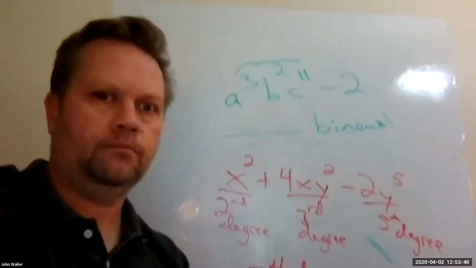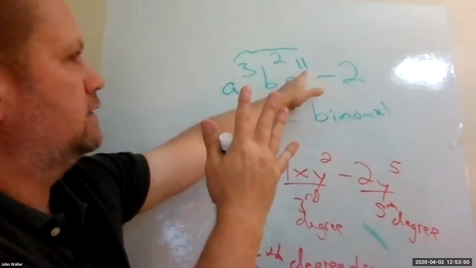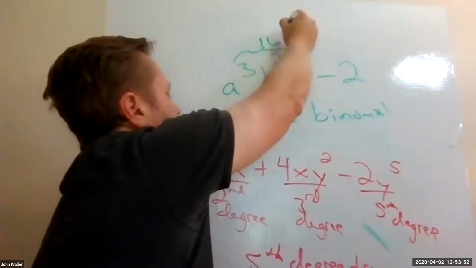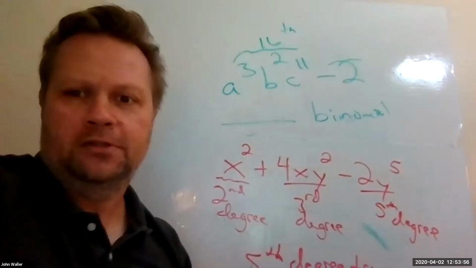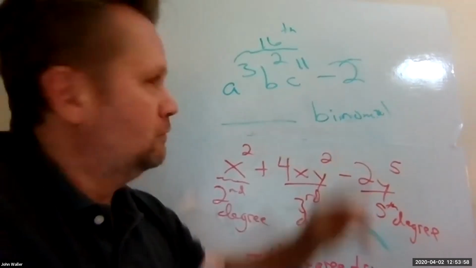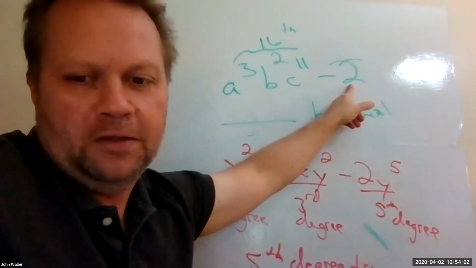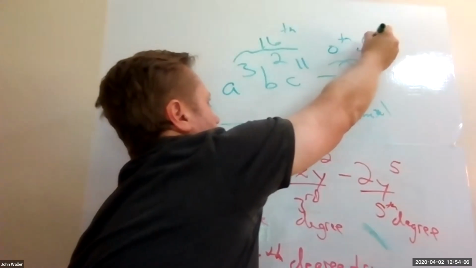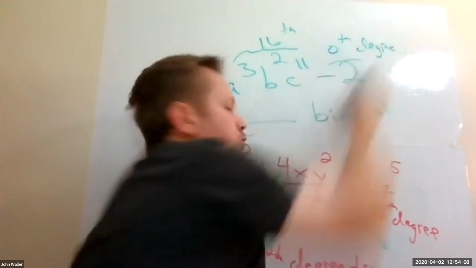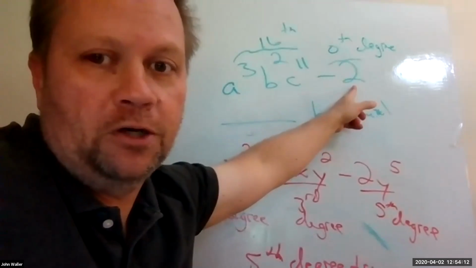16th. Yeah, 3 A's, 2 B's, that's 5, and 11 C's, that's 16. That's 16th degree. What's the degree of that one? Somebody else. What's the degree of this? 0. Okay, could be the same person. That is what we call, because we math people are weird, the 0th degree term.